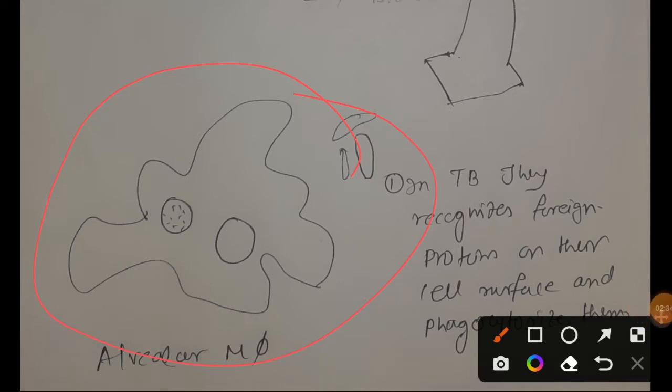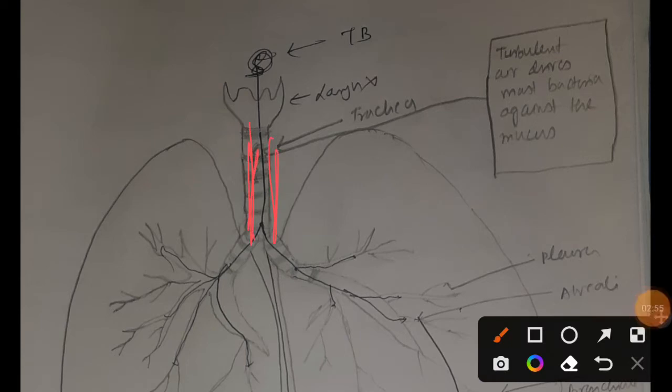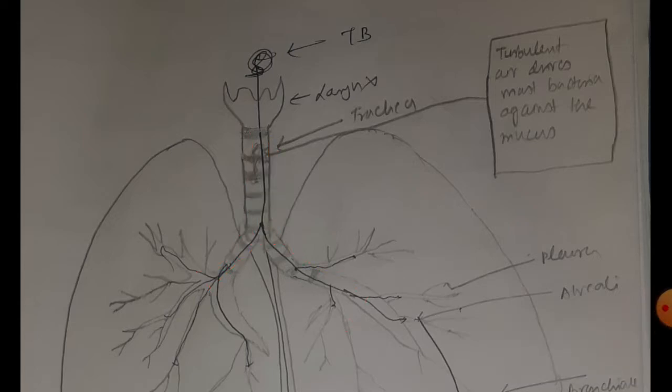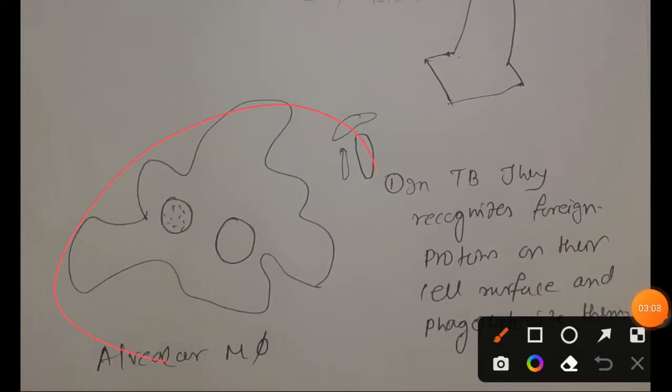These alveolar macrophages have the ability to eat up, digest and destroy any foreign material that somehow comes into the alveoli. There are multiple protective systems available to prevent foreign cells from coming into the deep airways, but if by chance some foreign cells or particles come into the alveoli, the alveolar macrophage will eat them, digest them and destroy them.